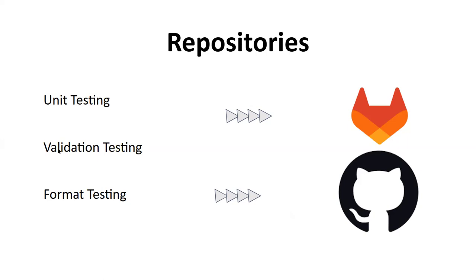And then from there, we now perform validation tests. So this makes sure that the software satisfies or fits the intended use. Formatting testing is also done. So this checks the syntax and also other formatting errors, just to make sure that everything has been properly formatted. So these are created and run every time you put code to a master branch.